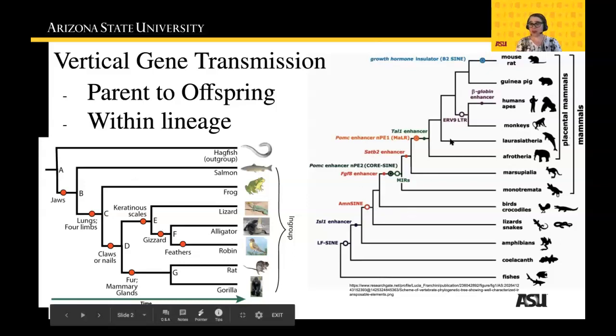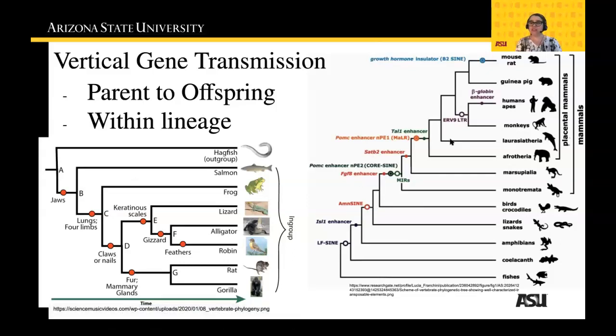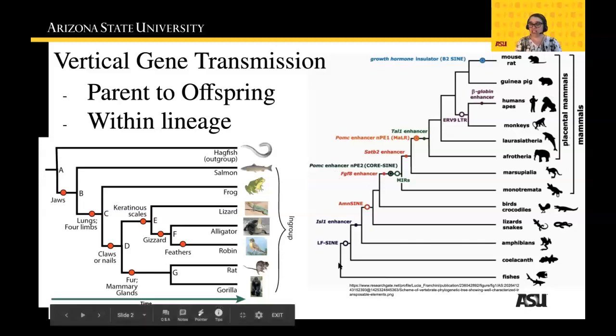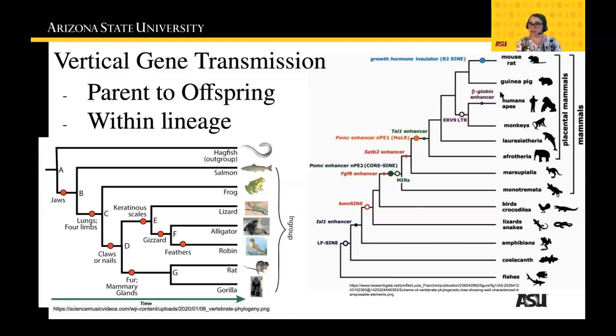Also on this other image to the right, you can see these are proteins and various components of our DNA that have changed and arisen and been passed on from parents to offspring throughout time as well. So vertical transmission is parent to offspring transmission. This is within a lineage, going vertically through the tree of a lineage.